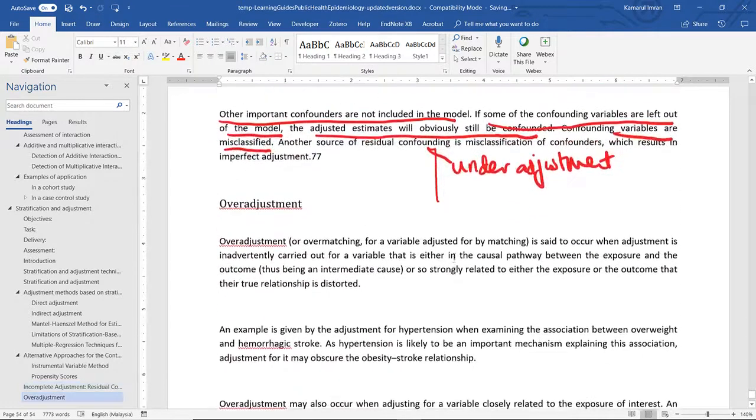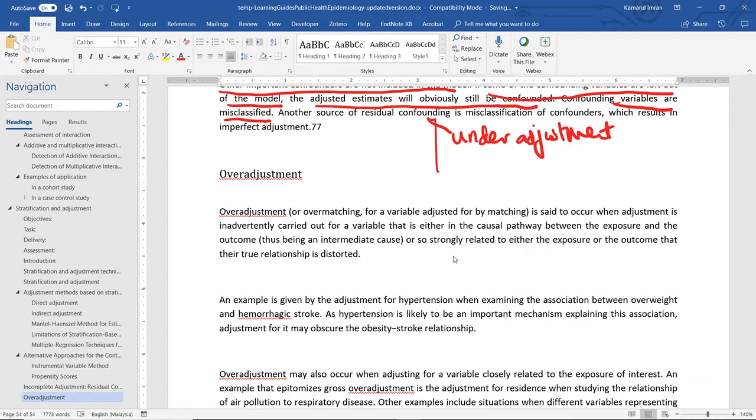But we also have a situation where there is the problem of over-adjustment, or over-matching, where adjustment is carried out for a variable that is either in the causal pathway or so strongly related to either the exposure or the outcome that their true relationship is distorted. So you adjust too much in your model.